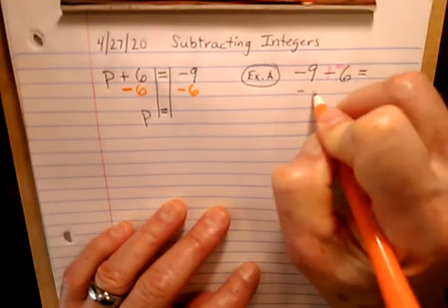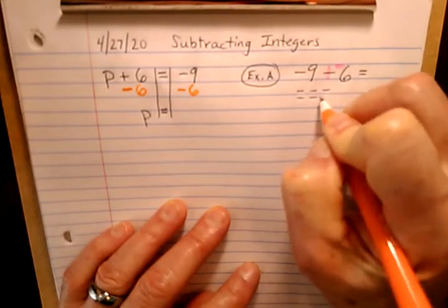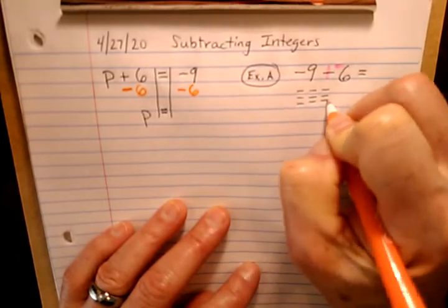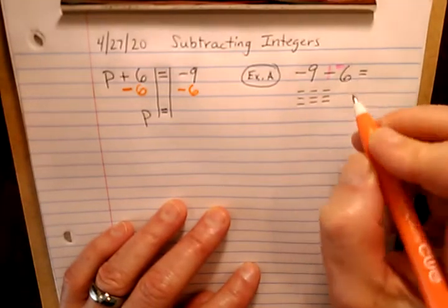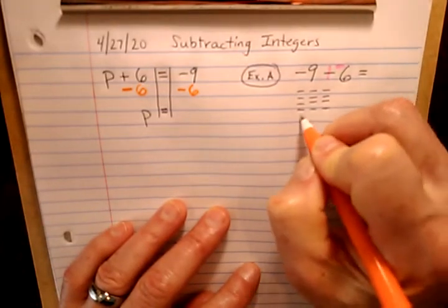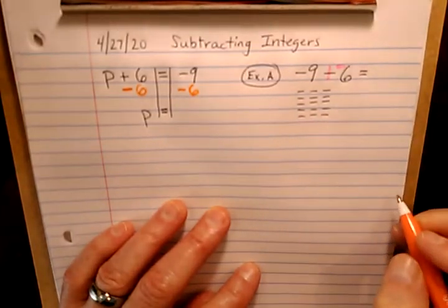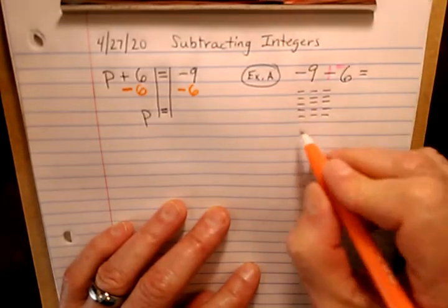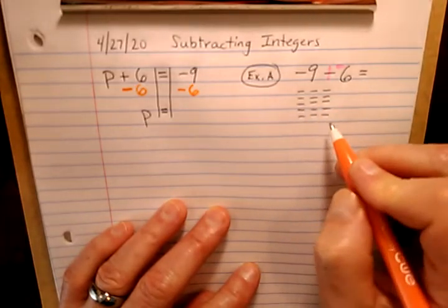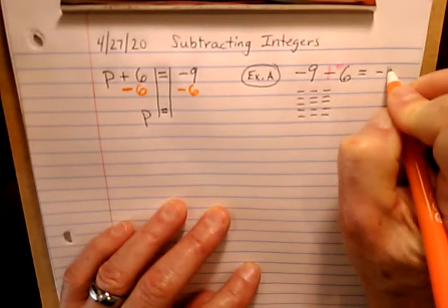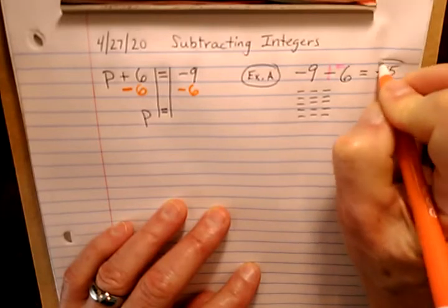And if you have 9 negatives like this, and then you add 6 more negatives, 1, 2, 3, 4, 5, 6. Now we don't have any 0 pairs at all, we just have a bunch of negatives. We have 9 negatives and 6 negatives adds up to 15 negatives, or -15 is our answer.